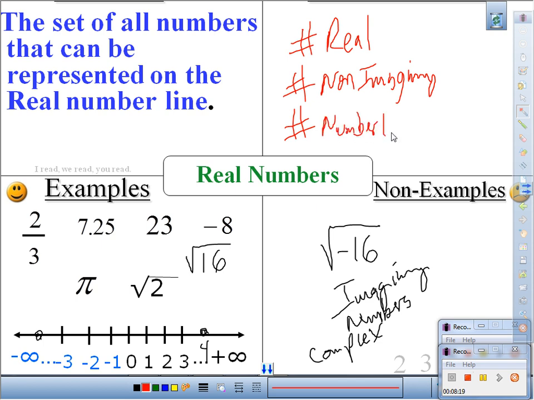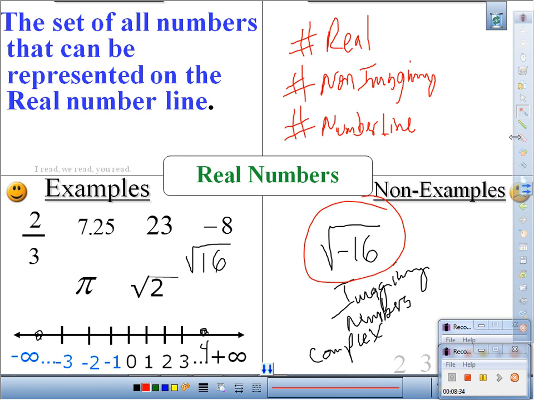Hashtag number line. However, let's clarify this. Look up, please. Do you think I can make a number line with these kind of numbers? Think about it. Can I keep writing those kind of numbers? Yes. What would I call that number line? Imaginary number line. So therefore, how can we clarify this hashtag?